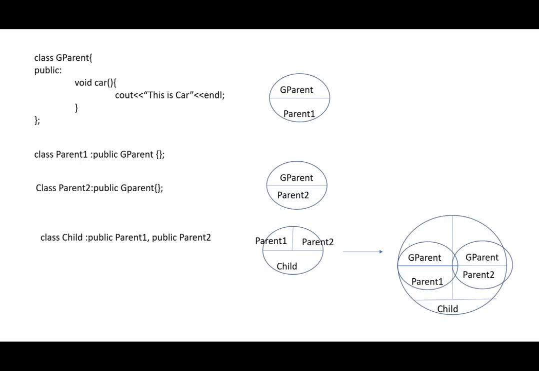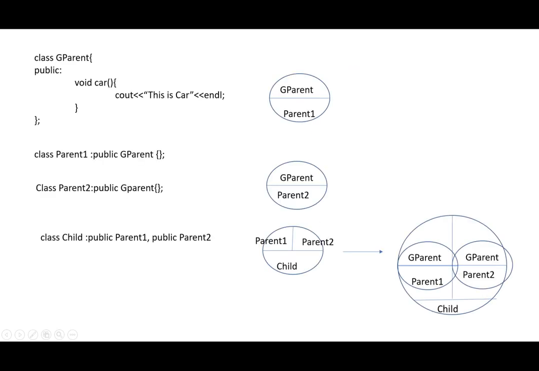Look at the diagram. An instance of the child class has two compartments immediately above it, parent1 and parent2. But here there is a difference. In the earlier figure, parent1 and parent2 both had separate grandparent instances. In the latest figure, parent1 and parent2 share the same grandparent object. This happens because of the virtual keyword.